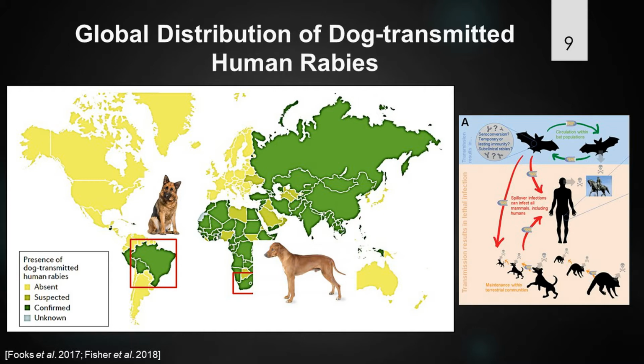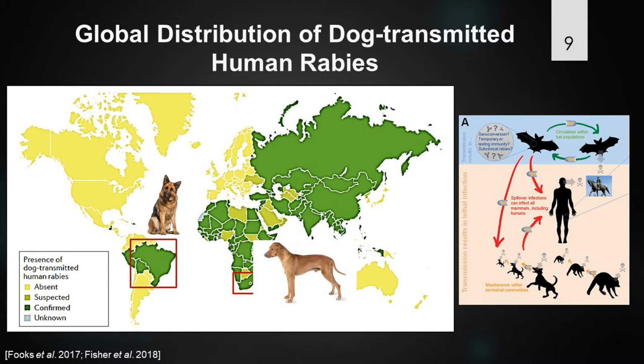In figure A, as you can see, bats are the primary reservoirs, or I would call them the primary hosts. They seem to be immune to the rabies virus, and they carry both current and emerging rabies viruses, and they can infect humans directly, or they can infect dogs and other mammals.